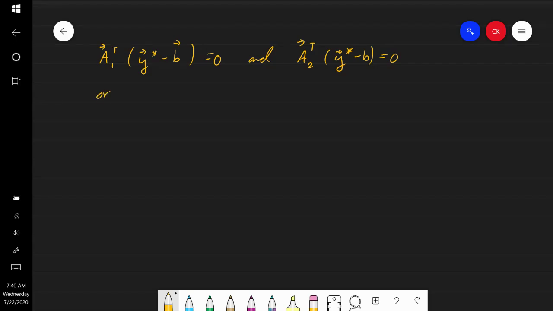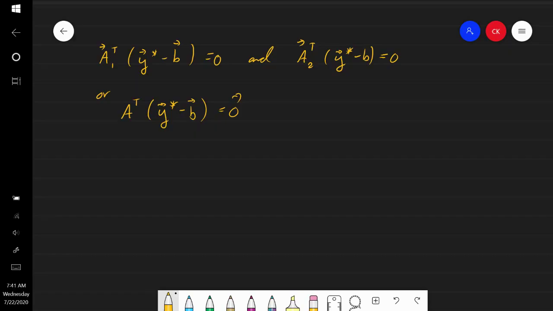Or if we want to do that entire dot product at one time, we could say that A transpose, the entire matrix, times the residual vector should be equal to the 0 vector.